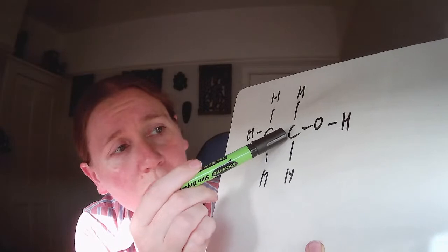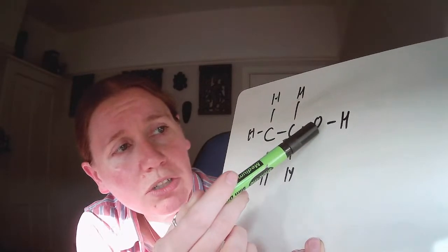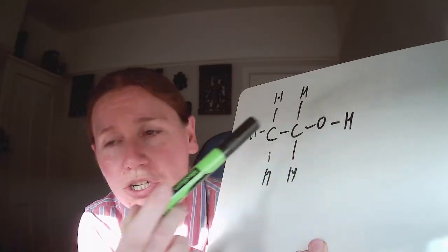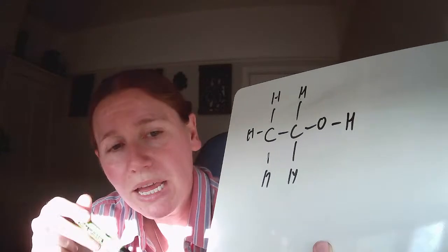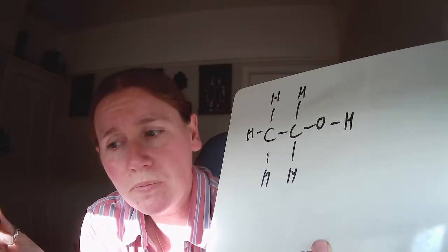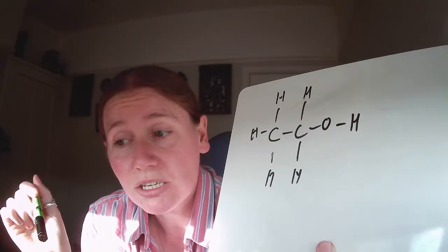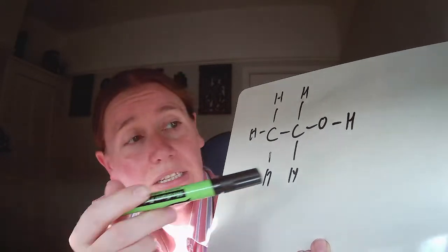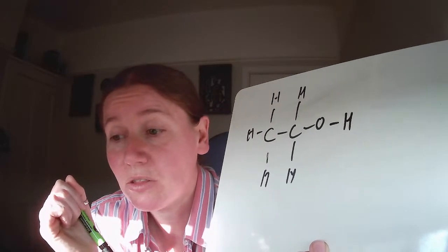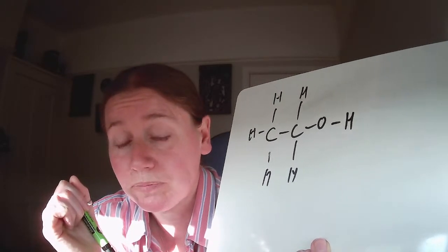We've got 1 carbon-carbon bond, 1 carbon-oxygen bond, and 1 oxygen-hydrogen bond. So we then look up those energies in the table and then add it all together. That gives us the total energy we need to break down the bonds in this particular chemical. You do the same for the bonds that form in the products, and then to work out the actual energy change, it's just reactants minus products.